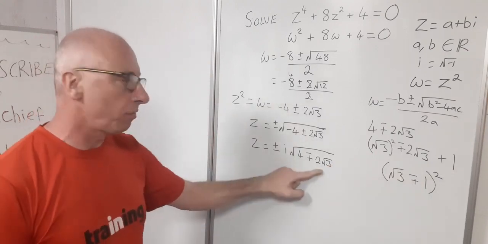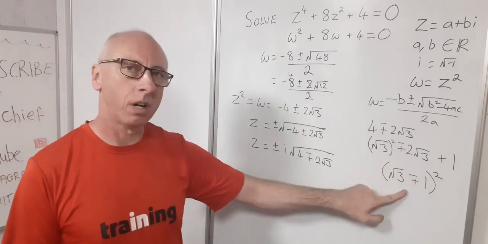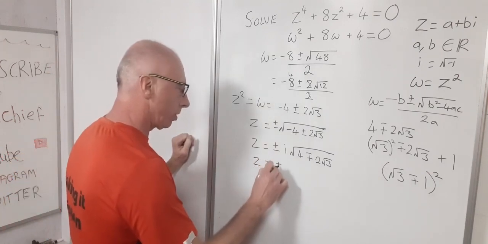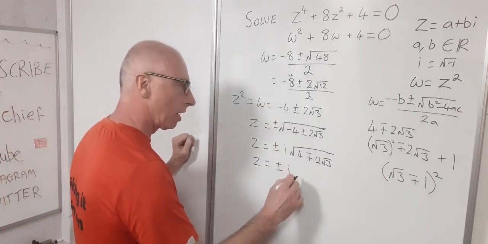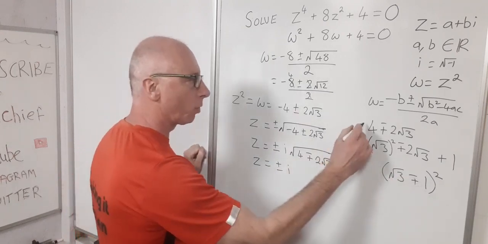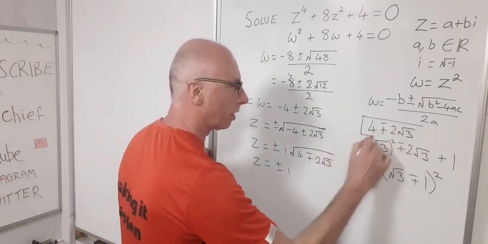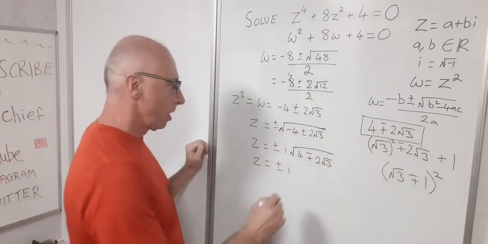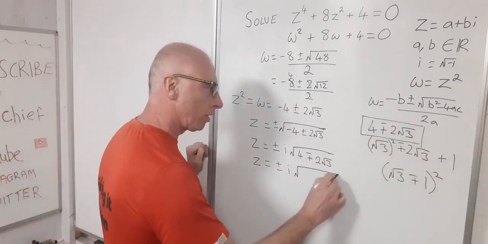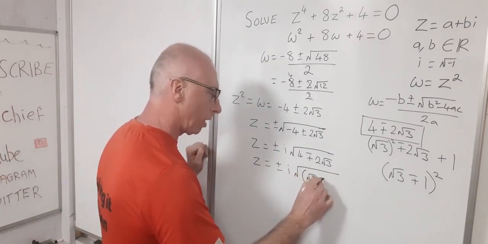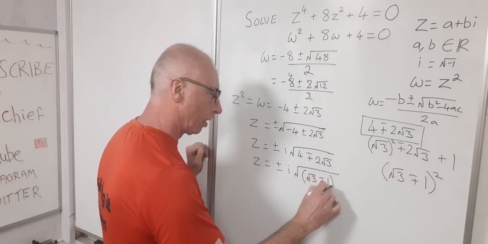So now I'm going to rewrite this in terms of this. So z equals plus or minus i, and I can write inside this radical what I've worked out is the same as the input of my radical. So I've got i times the square root of root 3 minus or plus 1, squared.